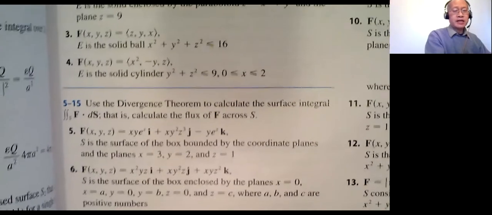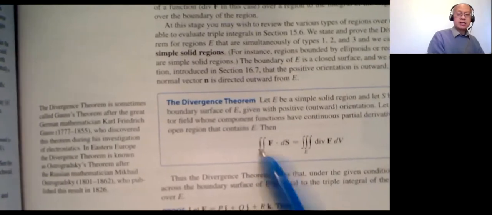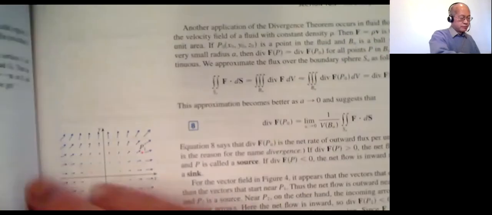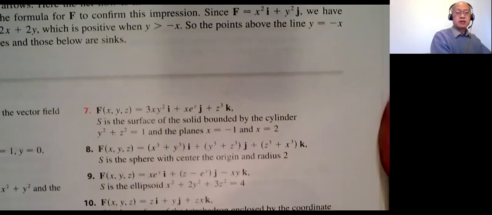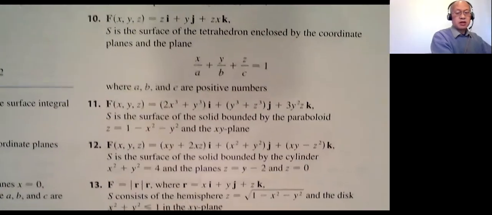It means do the right-hand side. If you see that language on the test, it means it's easier to do the other one. It says use the divergence theorem to evaluate this. It means do this. It's way easier. So there's 5, 7, 9, and 11, and that's it.